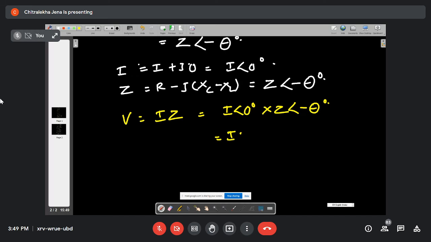So this is IZ at an angle of minus theta degree.